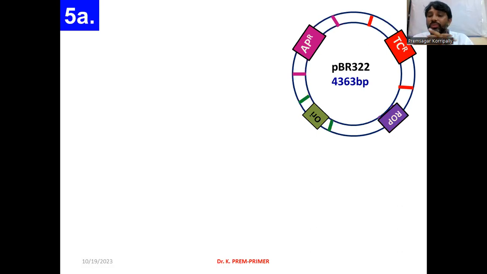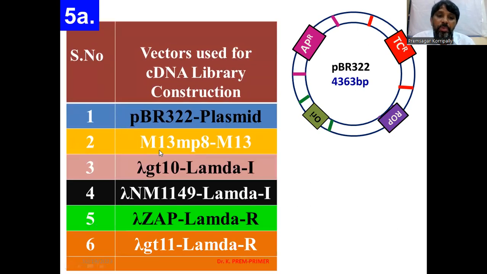Then I'm going to talk about the common vectors which are used in the cDNA library. You can see here, pBR322, a plasmid; M13 mp8, an M13-based vector, where once you clone into this vector, you can get the cloned fragment in single-strand or double-strand form. Single-strand forms were very much required for DNA sequencing in those days.